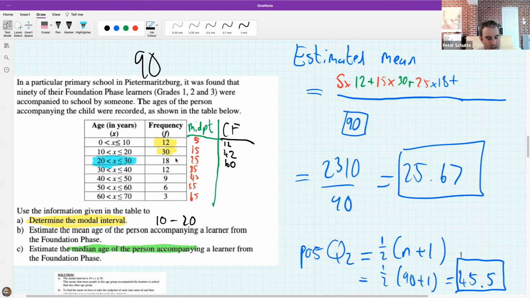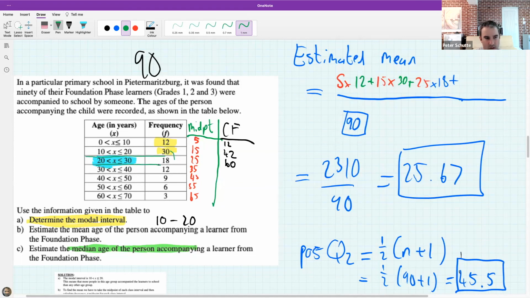Does that make a bit of sense? So 12 were in between 0 and 10. If I add 30 to the next row, I'm up to 42 places into the data, but I need to be into position 45.5 or whatever interval has 45. And so I have to leave the second interval and go to the third one, which is the one that is in line with this.